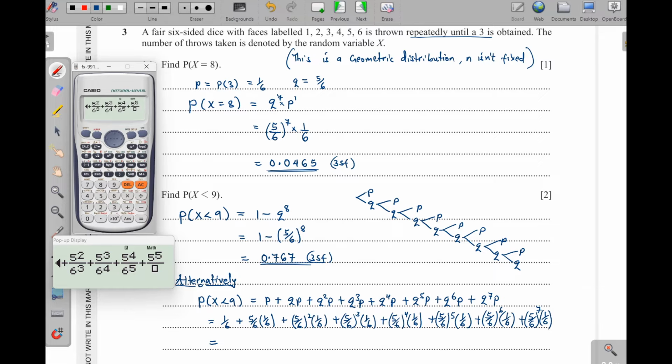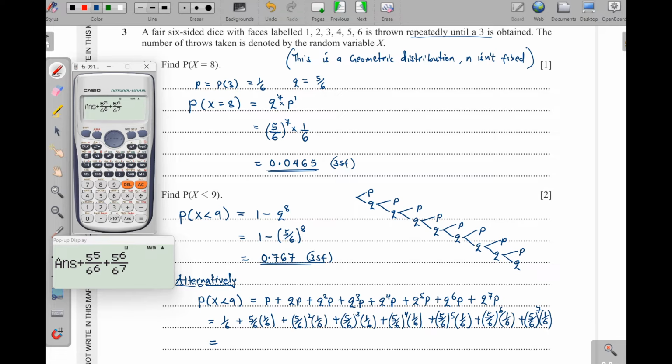Let me first take off this, because I've seen that black box coming. So we are on 5 power 4. We have to go up to 5 power 7. So that one gives us that. Then we have 5 power 5 out of 6 power 6. Then 5 power 6 out of 6 power 7.